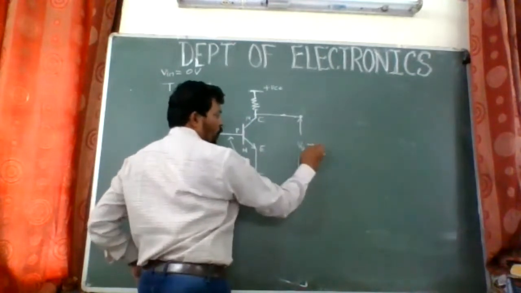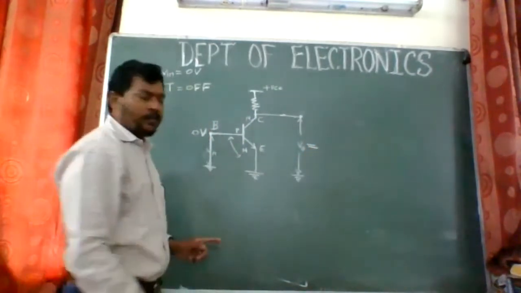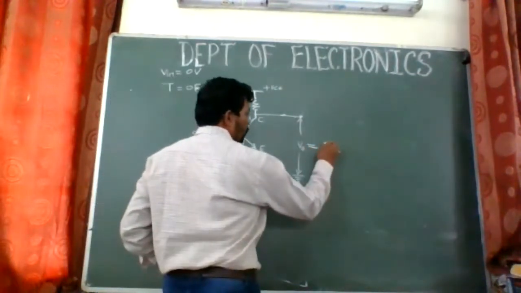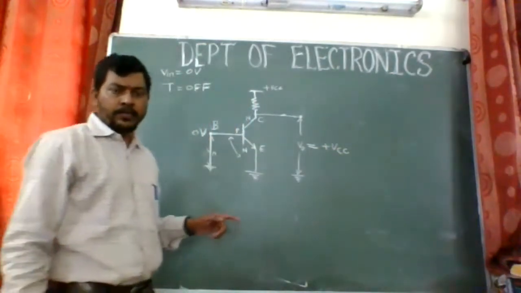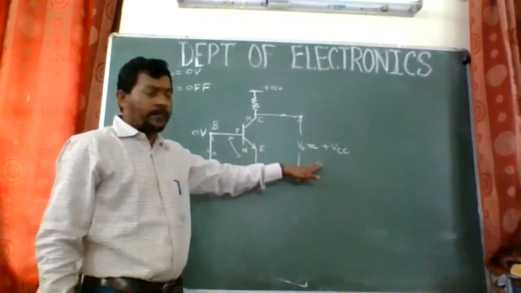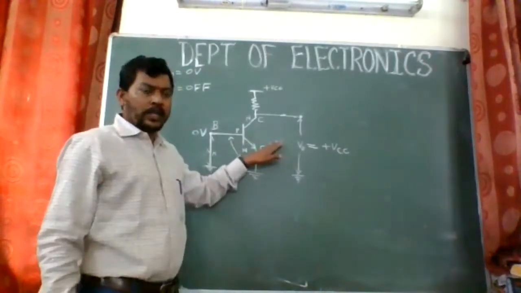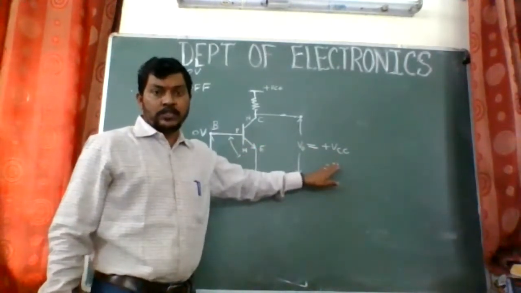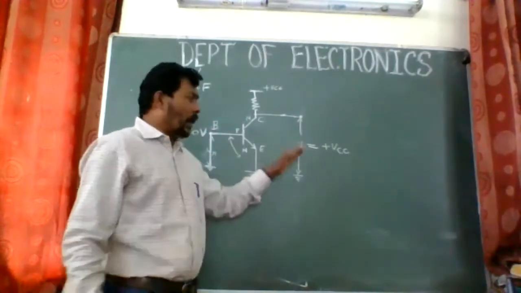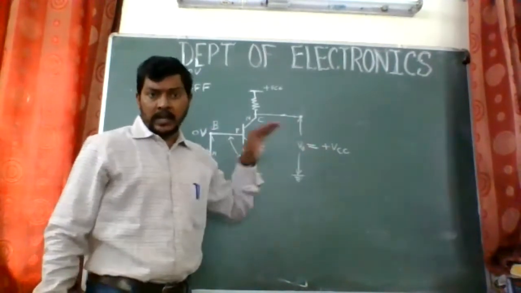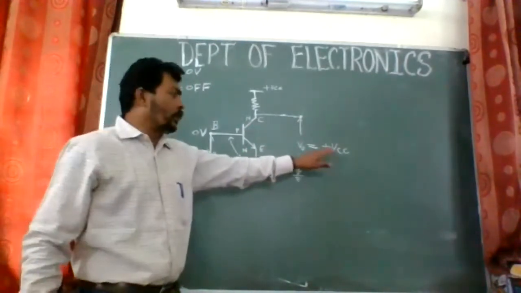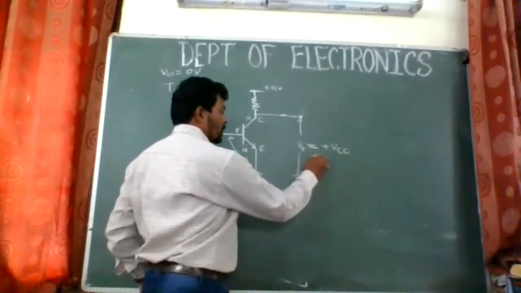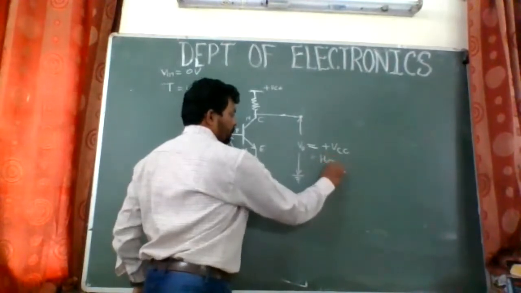So the output voltage here will be equal to plus VCC. If we are able to see over here that the output voltage is equal to plus VCC, which implies that we are having a high voltage at the output of this transistor. So VO equals plus VCC, or we can say it as high.